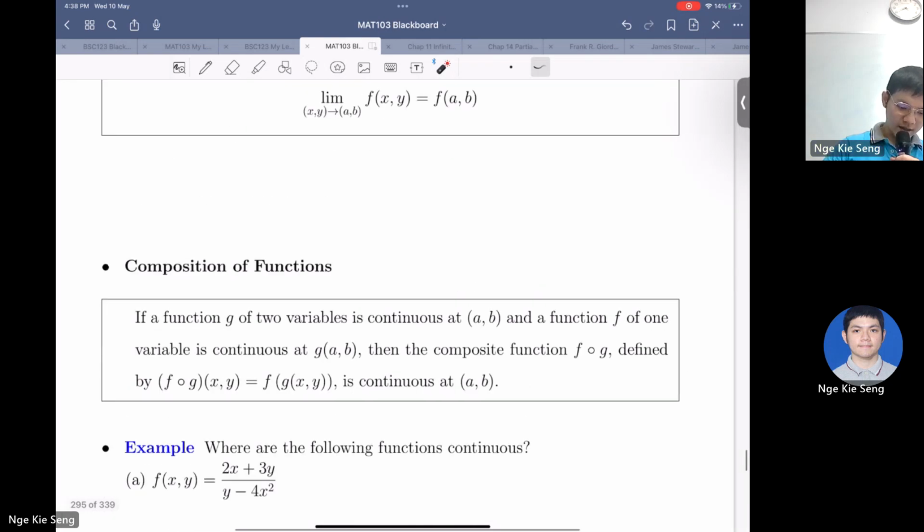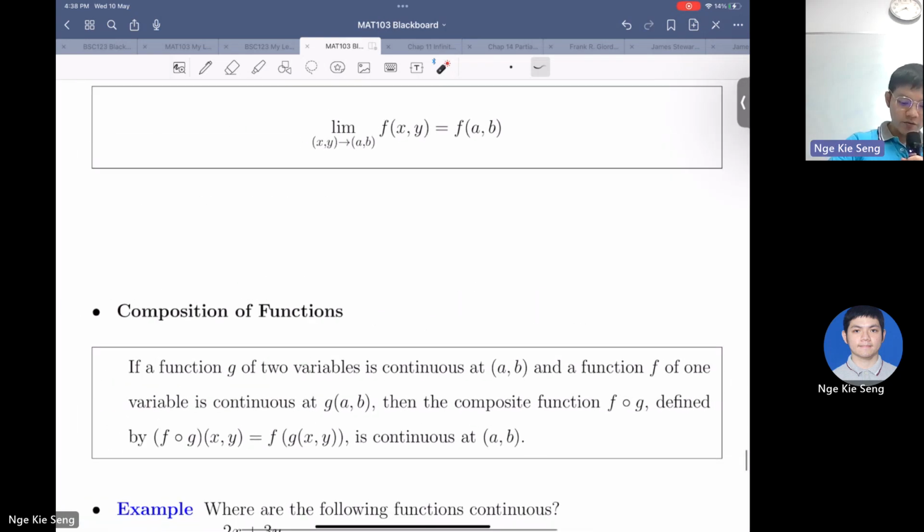Next, composite functions. We actually already used this fact, even though we haven't mentioned it yet, but we will mention it formally now.